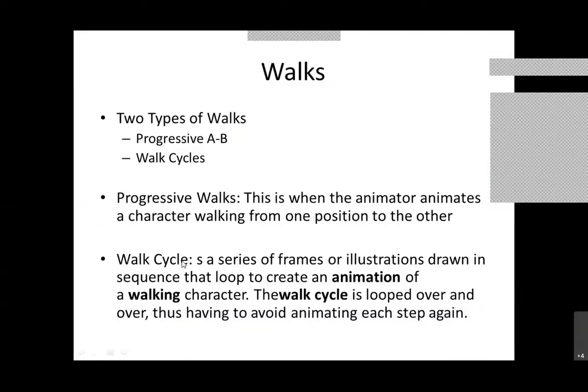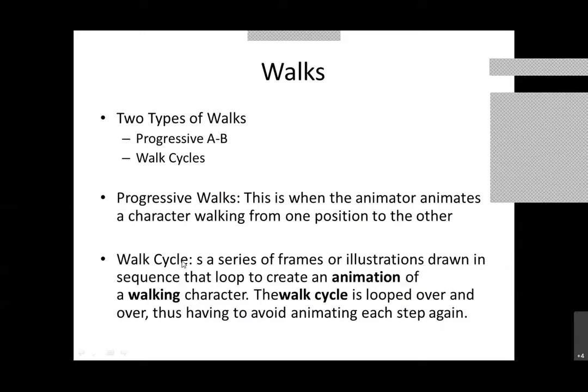A walk cycle is a series of frames or illustrations drawn in sequence that loop to create an animation of a character walking. The walk cycle is looped over and over, thus saving the animator from doing each step again. The perfect example to understand what a walk cycle is: imagine walking on a treadmill.